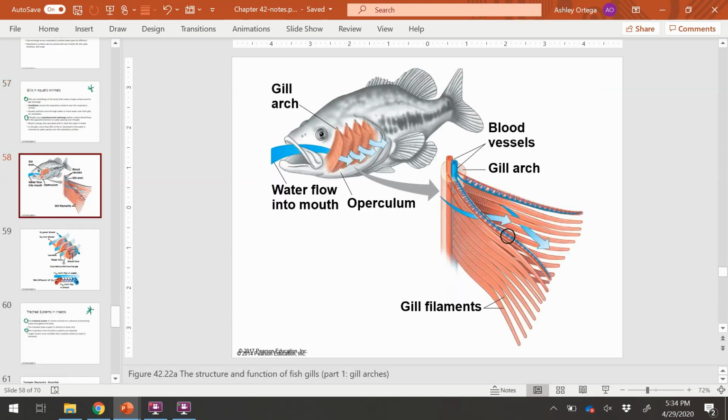And so in the gill, you can see they have several gill arches. These gill arches branch out to gill filaments. On each filament are rings called lamella, or lamellae for plural. And as you can see, they have capillaries that go from the filaments to the blood vessels that are in the gill arch.